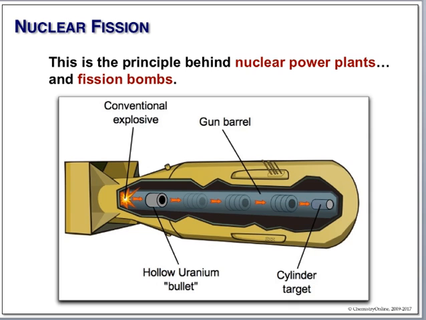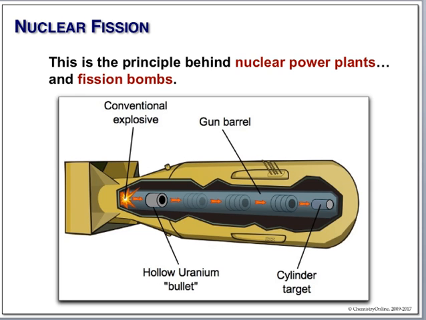That they're going to go and hit another uranium before they get out of there. That's called a critical mass. The way this works is you take half of the mass here, half of the mass here, slam them together. Wait a microsecond, and you get your explosion.